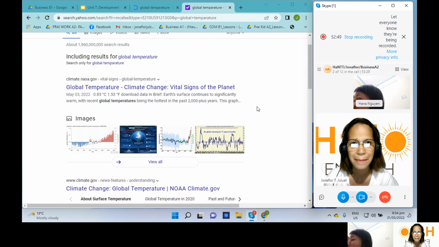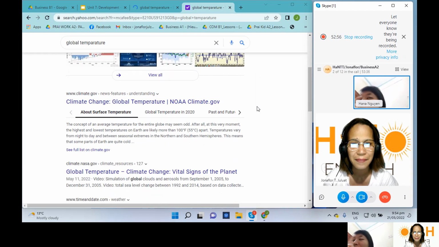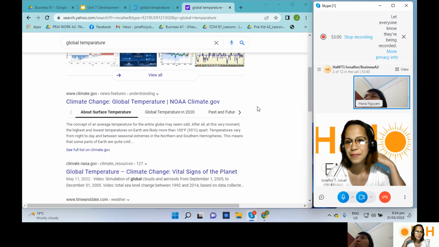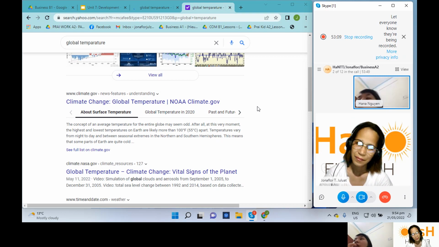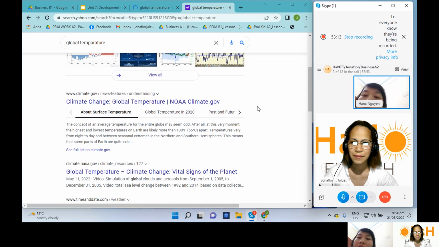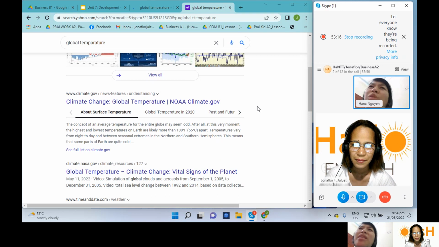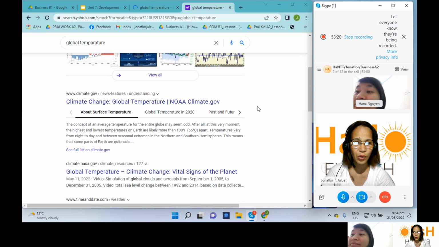The sea level will rise, and there will be more storms in many areas, and more disease.